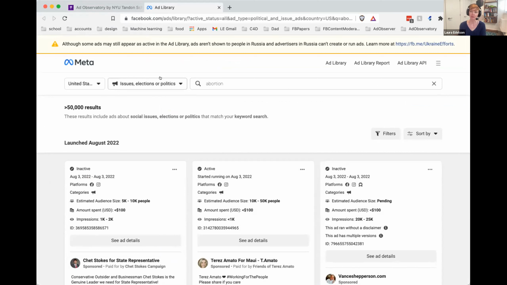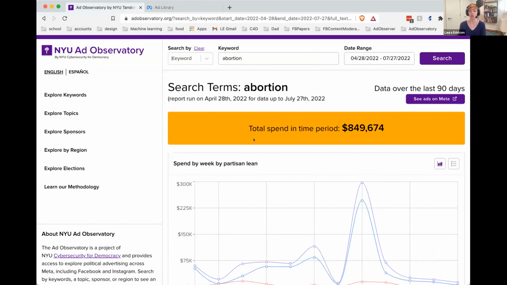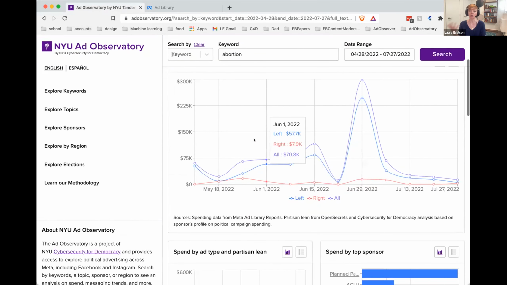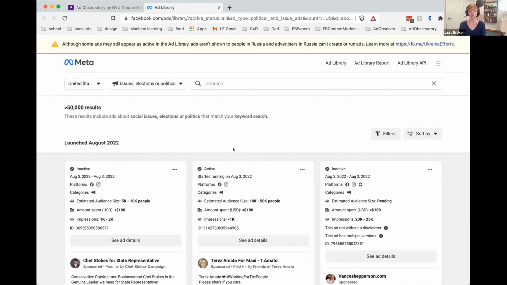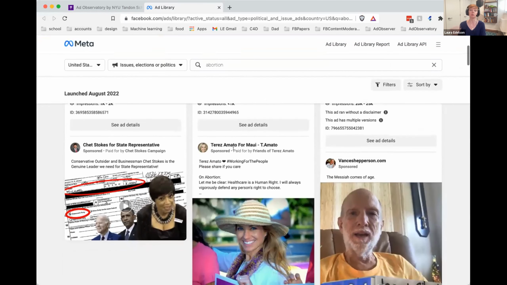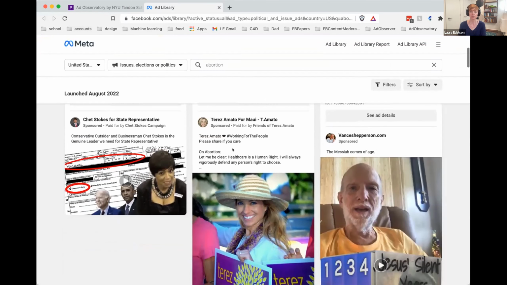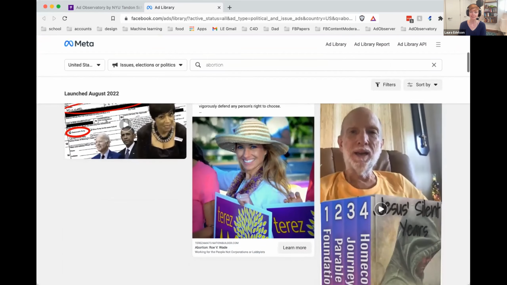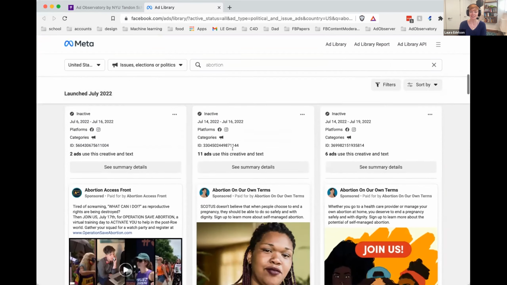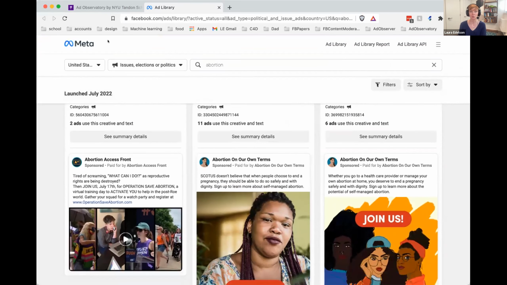So we can't do this for everything because Meta doesn't have the concept of topics that we have. They don't have the concept of elections that I'm going to show you next. But if you wanted to try to understand, well, what are these ads? Clicking through to this ad library will give you a view of that, and so here we see what we mean in practice.